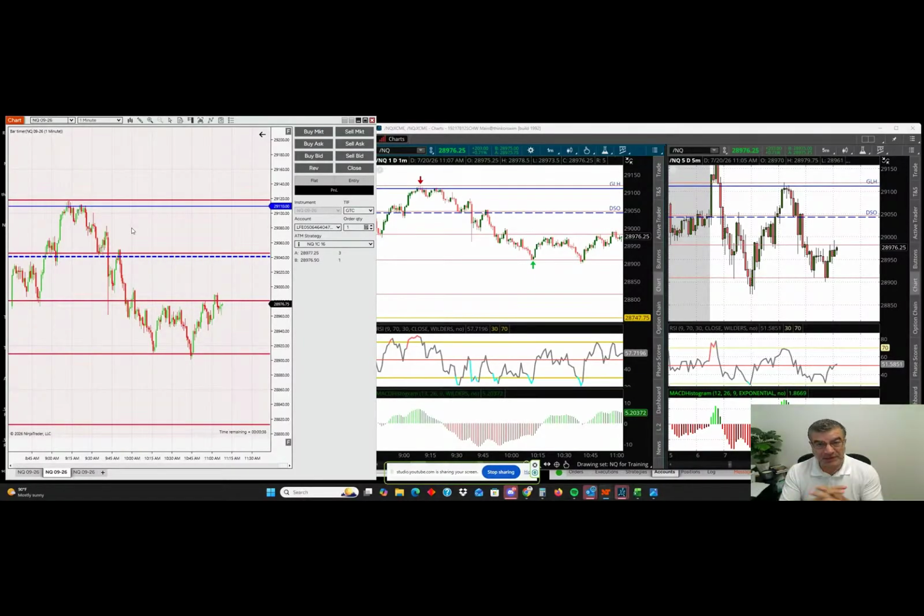Basically, Transform My Trading has two sections. We focus on the mindset first, and secondly, we use our Transform My Trading support and resistance levels, which are derived from the W.D. Gann vibrational analysis, and use them as a strategy for our trading.